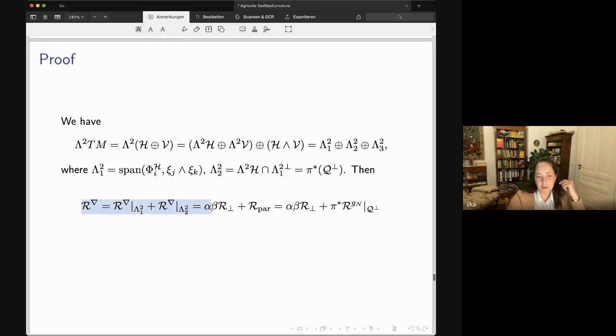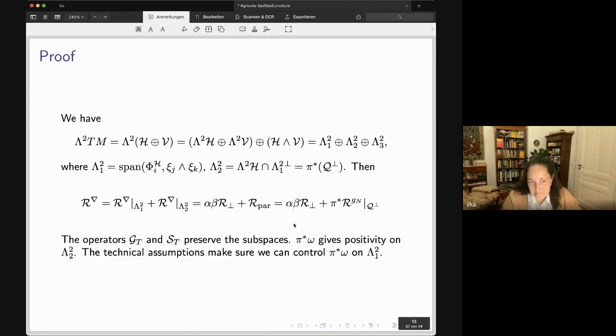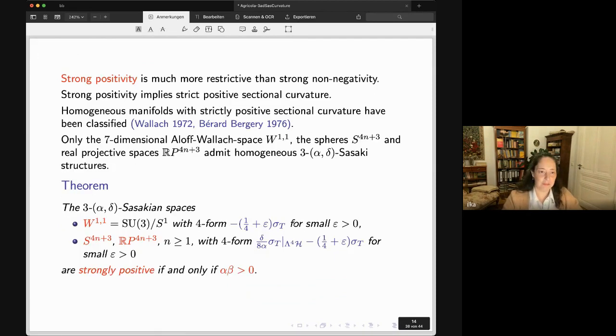You have to look at these curvature operators and split them in a clever way into components, deal with the components, put it back together and check that you didn't destroy anything. Okay, good. So maybe I just skip that, right? And we go on to more interesting stuff.